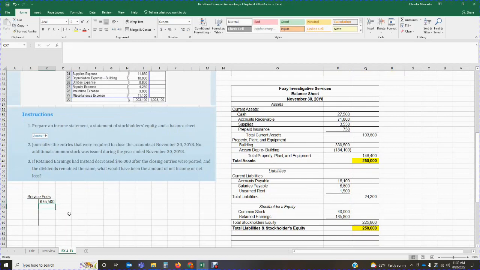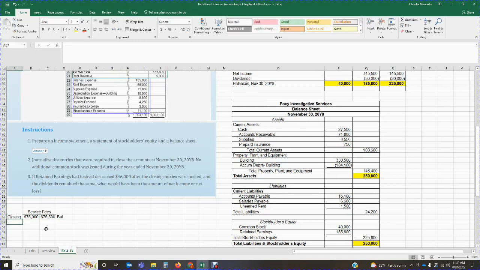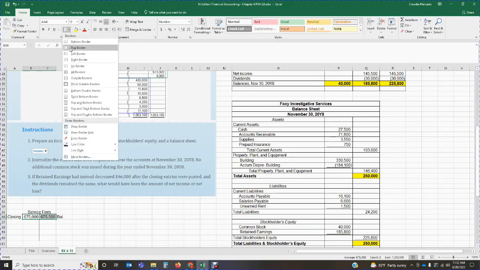So this is my balance, $675,500 credit. If I want to zero it out, what do I need to do? This is the balance, and then I would be closing. So I would have to debit $675,500, and then my balance would be 0.